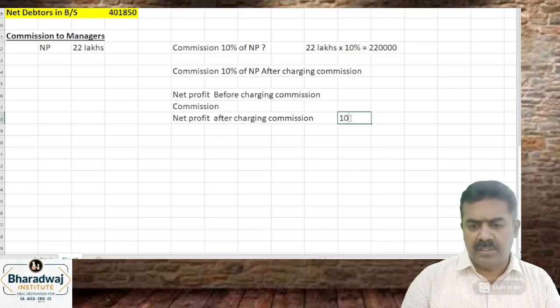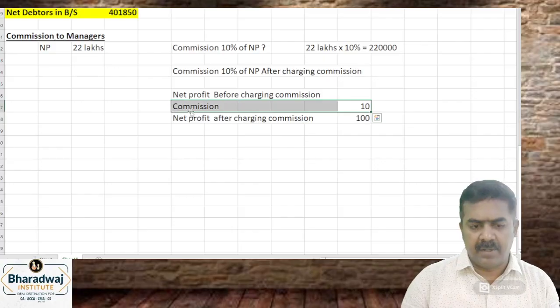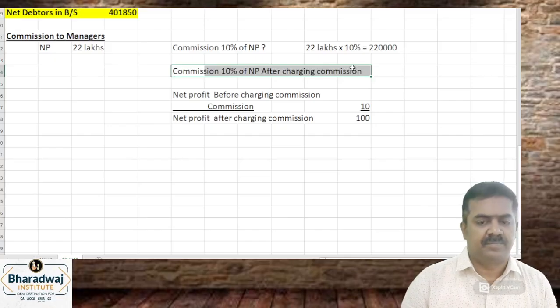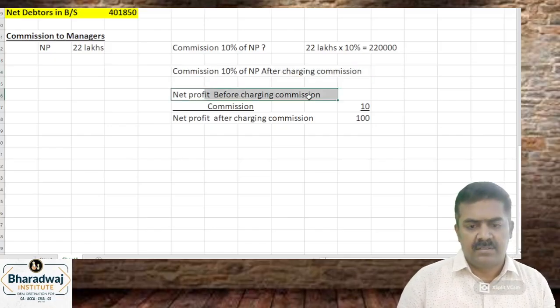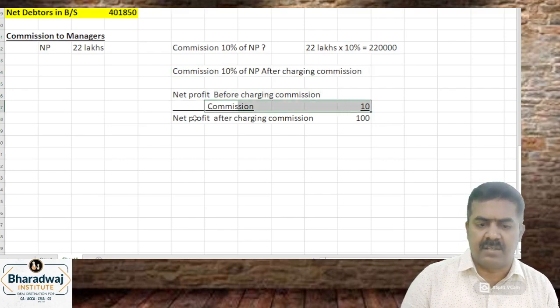If this is 100, this is 10. Commission is given as a percentage of net profit after charging commission. The net profit before charging commission is what is there, but commission is given as a percentage of net profit after charging commission.